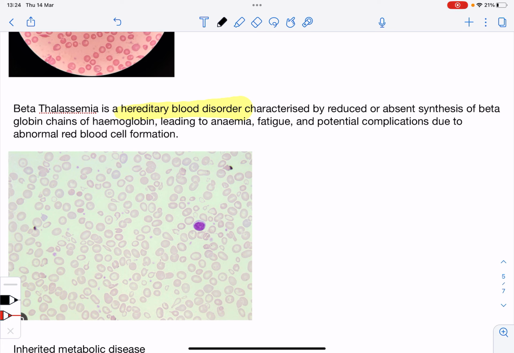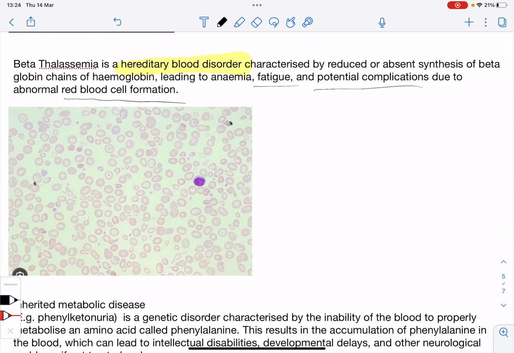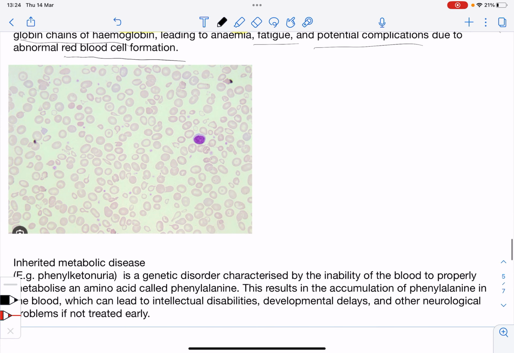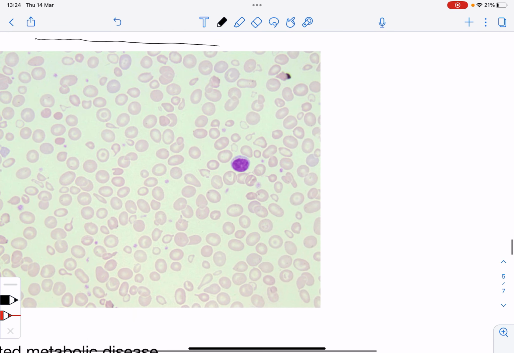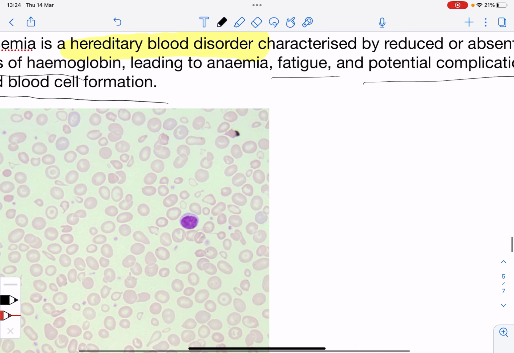And this is abnormal because it causes fatigue and potential complications due to the red blood cell formation, since there is an absence of beta-globin chains. They look quite pale, as you can see here.